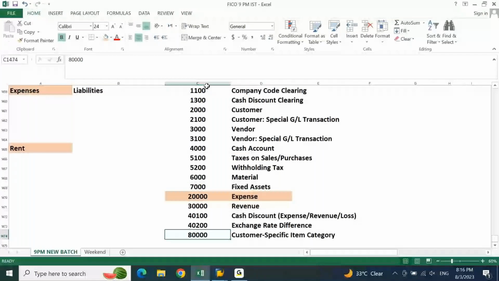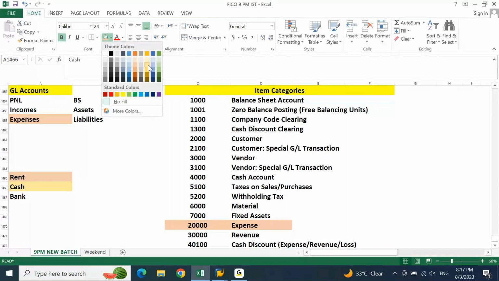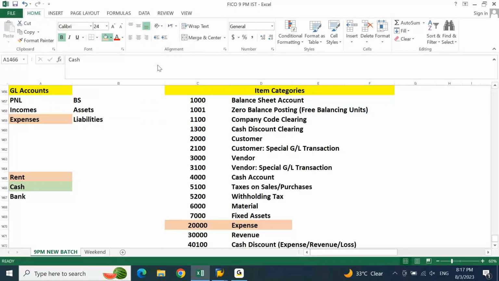Similarly, I'll put another account called cash, and another account called bank account. Now I'll select the cash account here. Cash account is my asset.